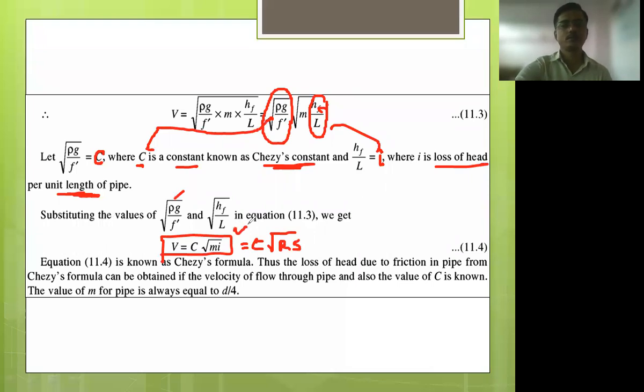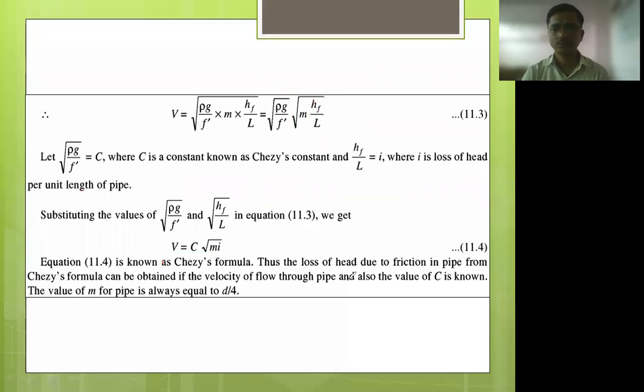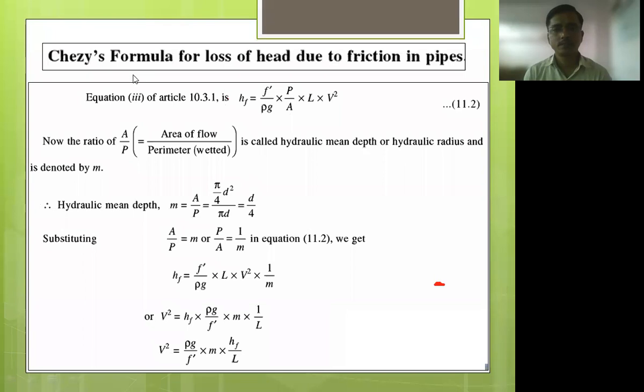Experimentally we can find the value of this C also, that is Chezy's constant. So this is Chezy's formula. I think you have written the title there, Chezy's formula for head loss due to friction.